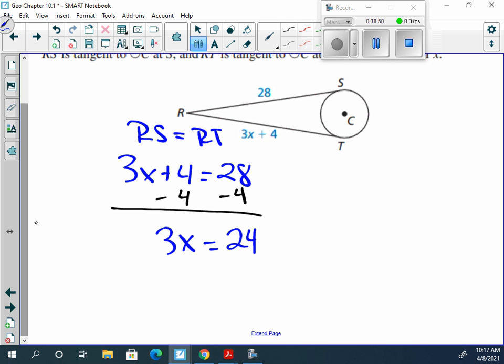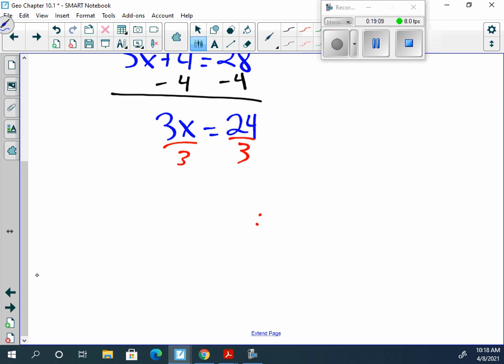Then we would have to subtract 4/3 from it, which would be 24/3. And at this point here, we would divide by 3. 24/3, so X is equal to 8.